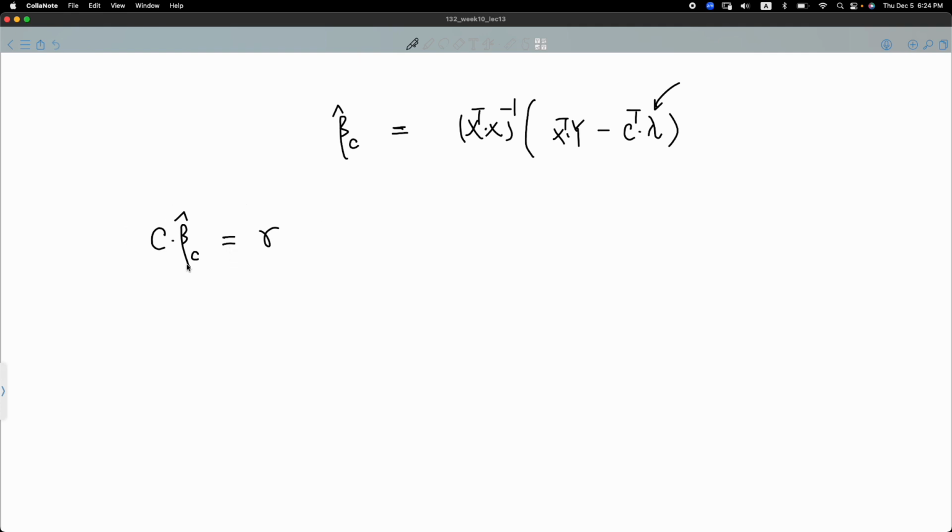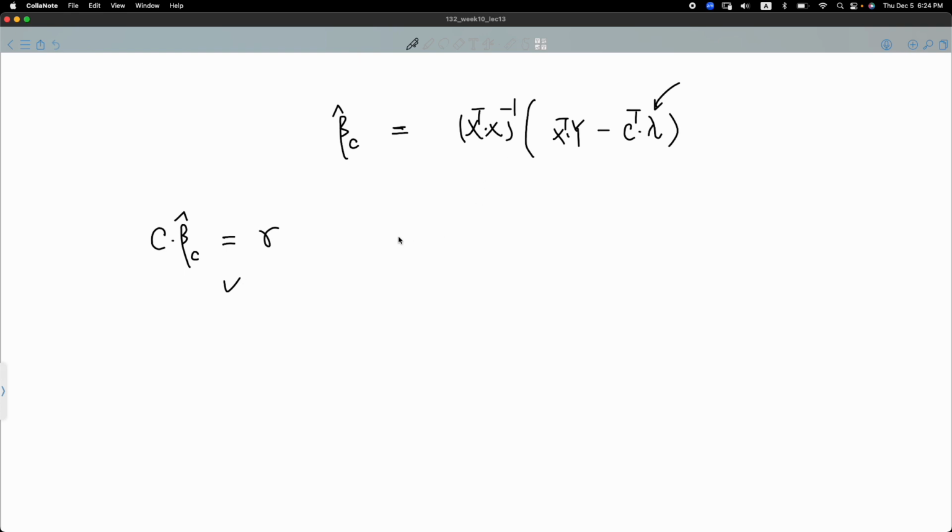And this equation actually will help us to calculate the value for the lambda, and then once we plug in the lambda here, you will get your final answer for this beta hat constraint or beta hat c here. Okay, so now we are going to use this one to guide us to calculating the lambda here. Okay, so this has to be true because we need the constraint to be satisfied.